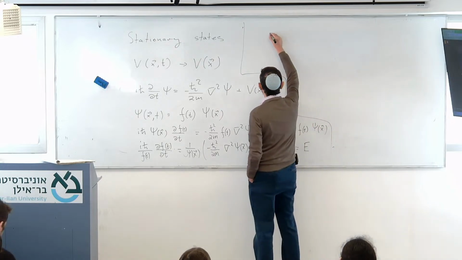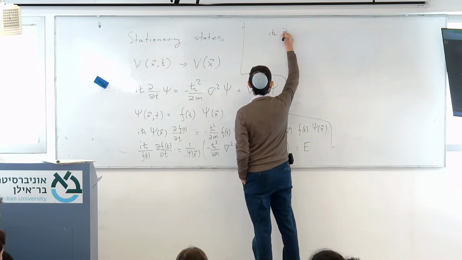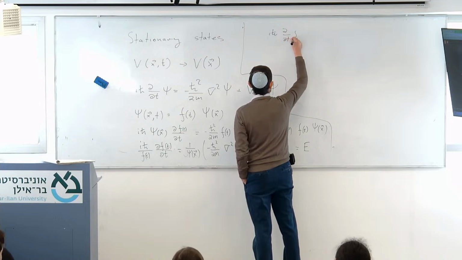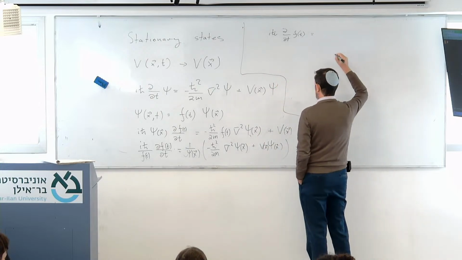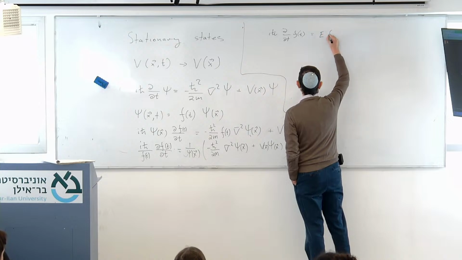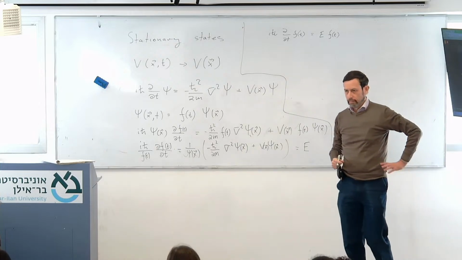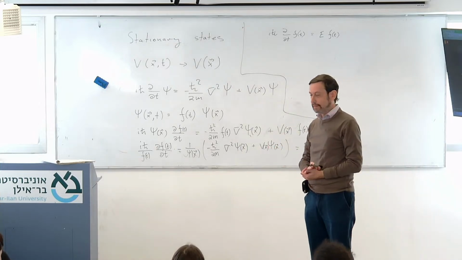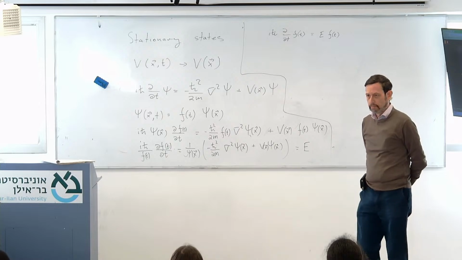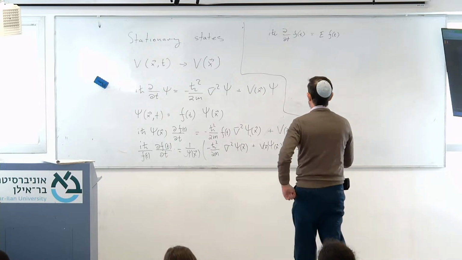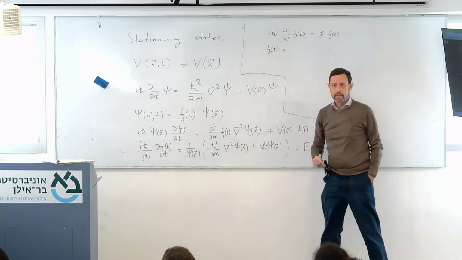So the first one, let's write it already in an easier form. Just copied and multiplied by f of t. And could someone give me the answer?